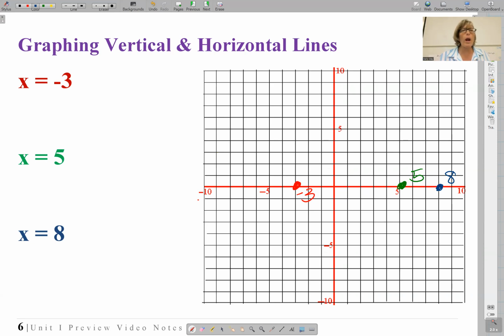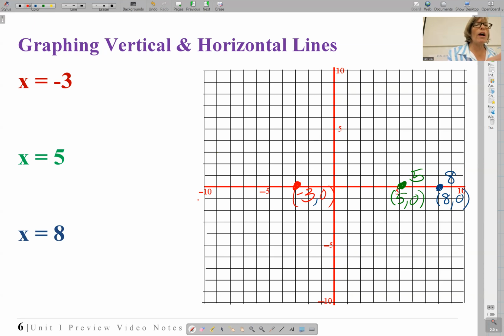What I just graphed, and I'd like you to do this, I graphed the point (-3, 0), the point (5, 0), and the point (8, 0). What I just graphed was 3 points. I did not graph lines.